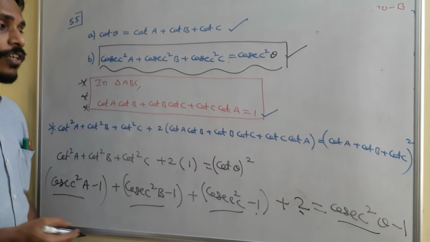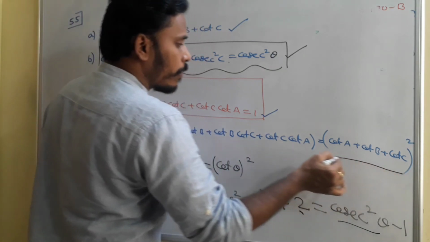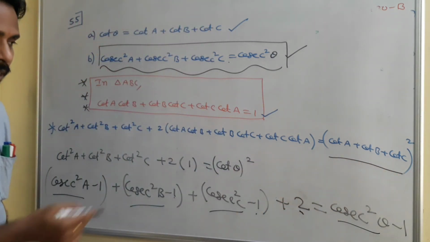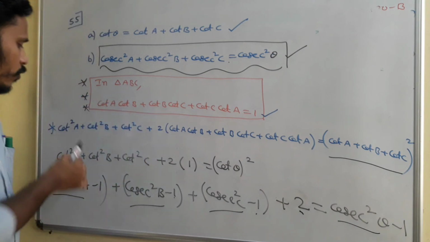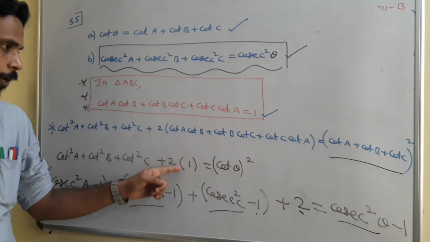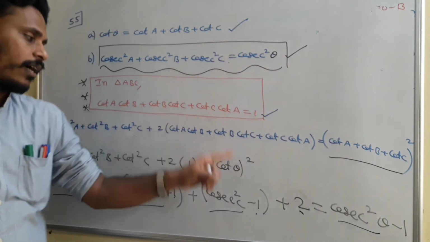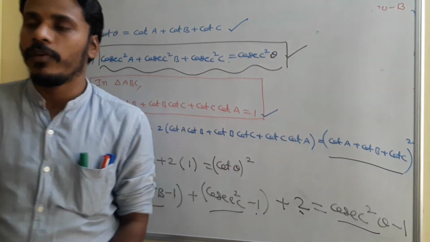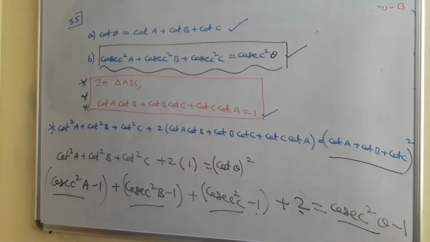Then you just write this cot A plus cot B plus cot C whole square formula, just like A plus B plus C whole square: cot square A, cot square B, cot square C, plus 2 times this product. This product is 1 and that sum is cot theta. So on simplification, at the end we have the proof for this second statement also. Okay, have a look.